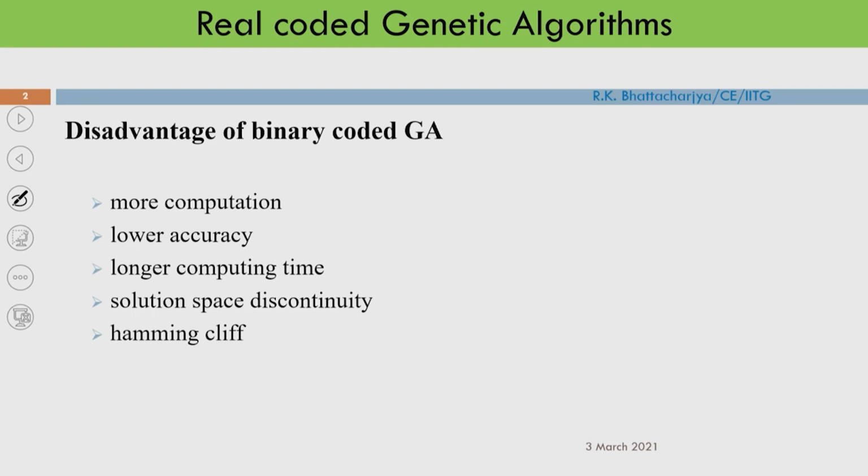Then lower accuracy. What I have said here is that accuracy has to be predefined. As I said, we are using the mapping Δx equal to (x upper minus x lower) divided by (2 to the power L minus 1). So this is the precision.